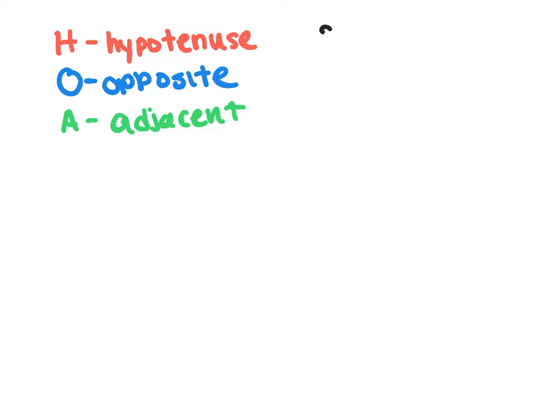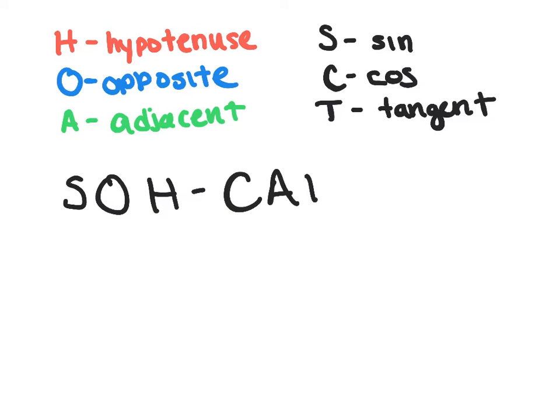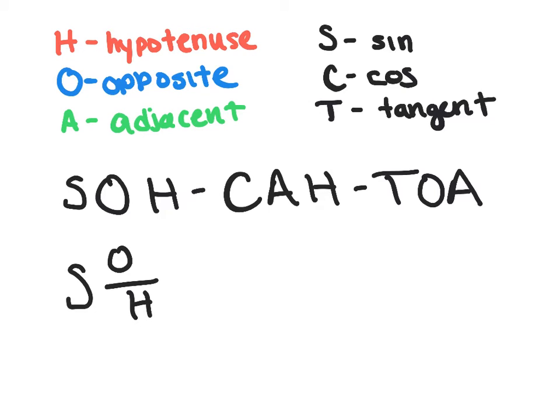And they also use that S stands for sine, C stands for cosine, and T stands for tangent. Now the mnemonic devices are either written as SOHCAHTOA, written in this way, or it's written with the fractions.